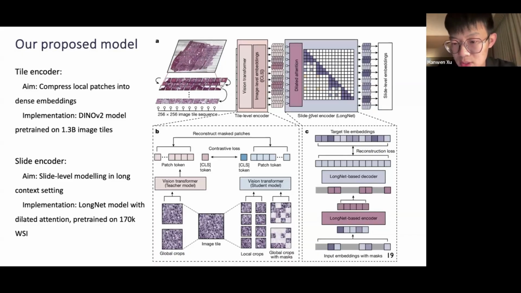But if it's pre-training the slide-level encoder, we have already projected everything into the embedding space, so this is reconstructing the missing embeddings. The loss is also a little different. For the pixel-level reconstruction, it's more like cross entropy. But in the embedding space, we use cosine similarity to minimize the discrepancy between the reconstructed embeddings and the ground truth embeddings.